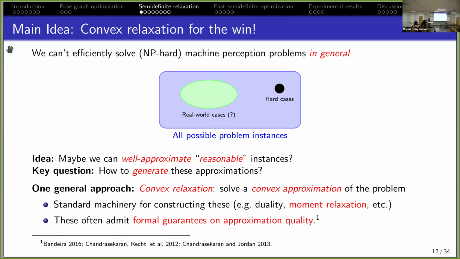These convex relaxations themselves often admit formal guarantees on the quality of the approximate solutions that they return, which gives you a way of solving problems both fast, because convex optimization is a lot easier, while still preserving some kind of safety and performance guarantees. So it turns out that this picture is in fact correct. This actually is what the actual problem landscape looks like, and I'll show you how we establish that result presently.